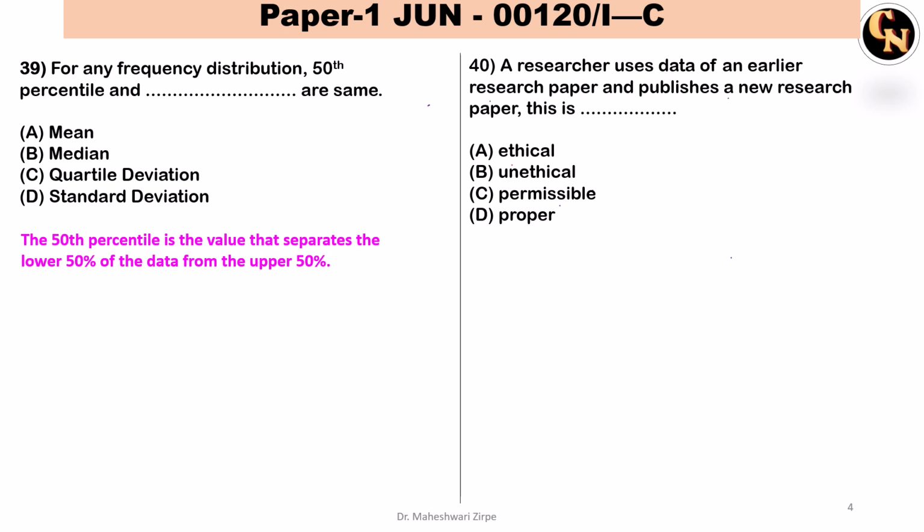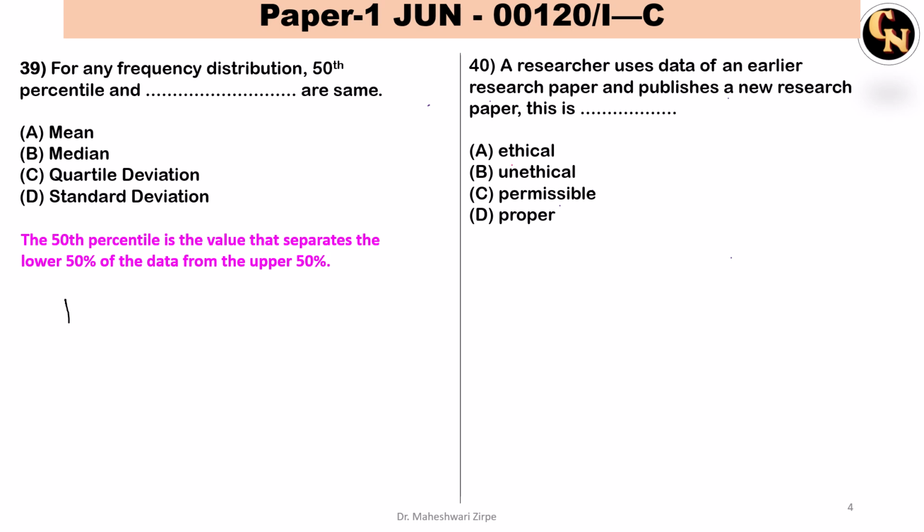So basically percentile is nothing but, when we say 50th percentile, is the value that separates the lower 50% of the data from the upper 50%. So let me show it by representing with a graph.